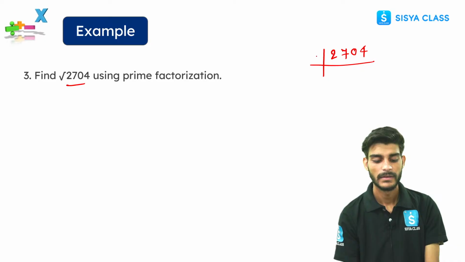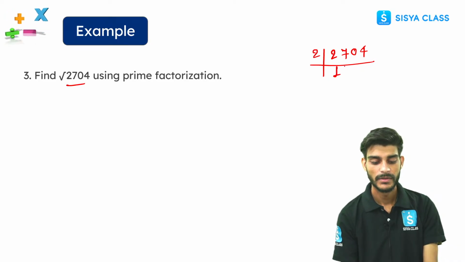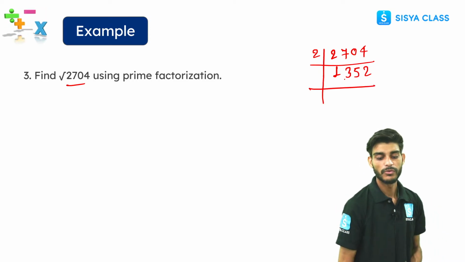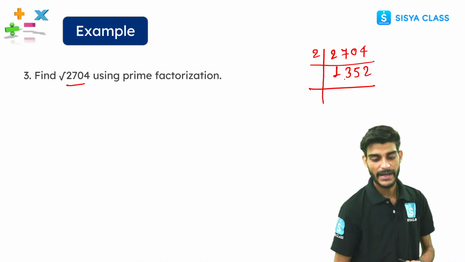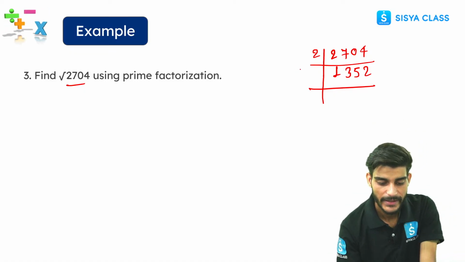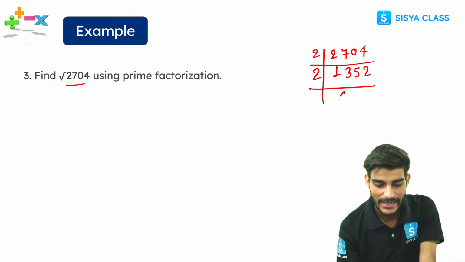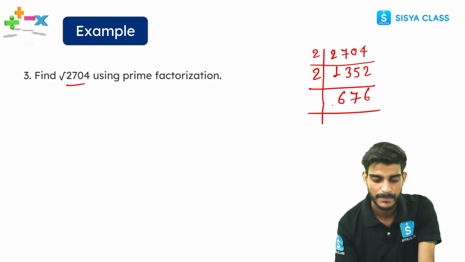Obviously, sir. With 2, is it divisible by 2? 2 1s are 2, 2 3s are 6, 2 5s are 10, 2 2s are 4. So once again it is divisible by 2, 2 6s are 12, 2 7s are 14, 2 6s are 12. So 676.